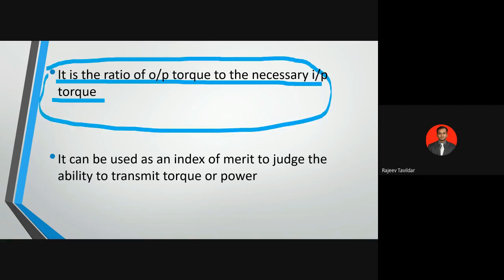Now, why does this mechanical advantage have to be found out? Okay, because it can be used as an index of merit to judge the ability of the mechanism to transmit the torque or power. Okay, so the ability of the mechanism to transmit the torque. So we can index this merit by using the mechanical advantage.